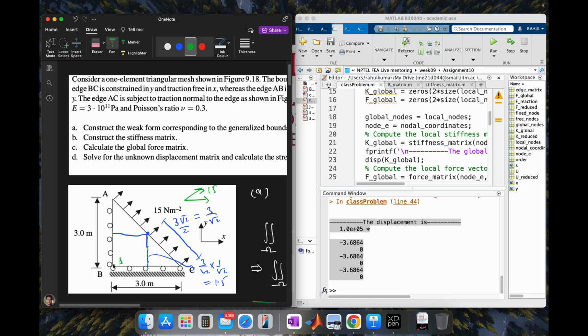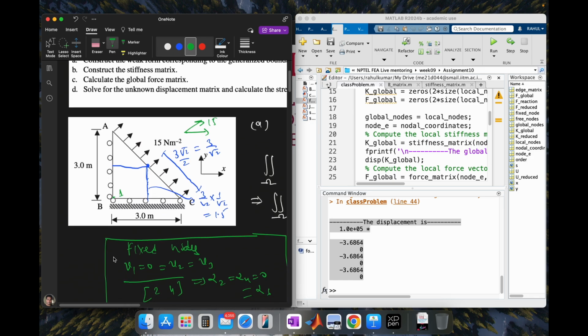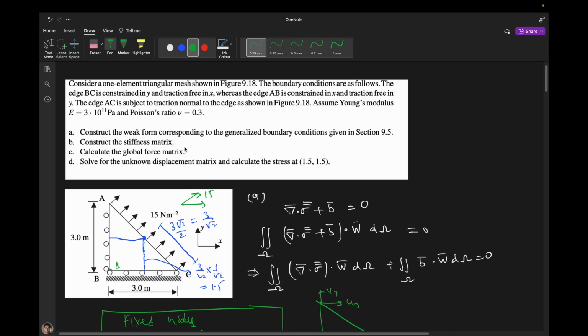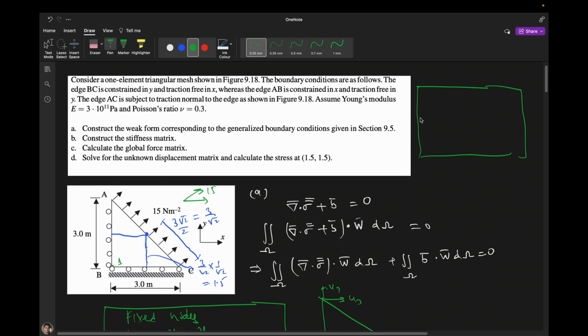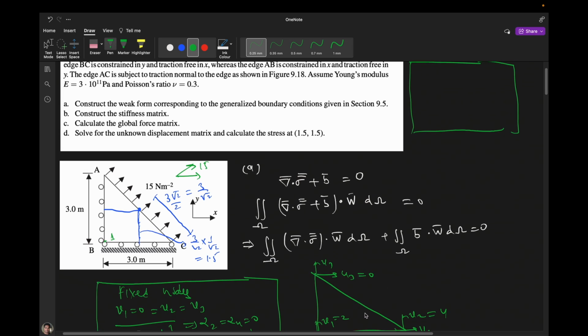AB is constrained in x direction, which means that U3 is also 0.